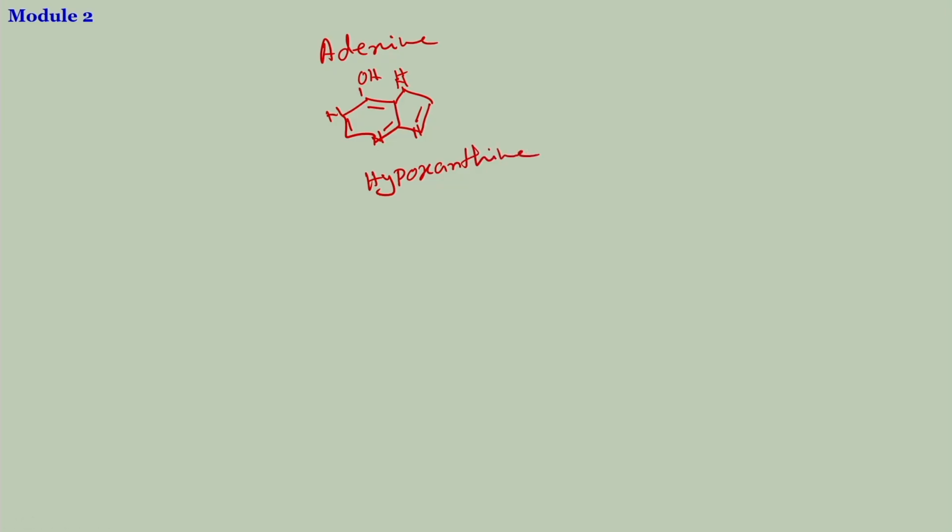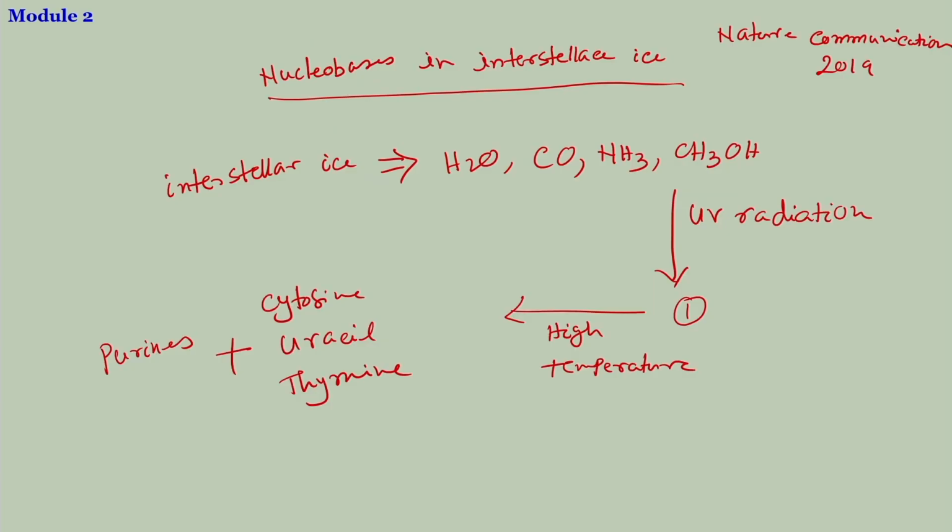So, one kind of purine. They had also guanine that was found, and then xanthine was found. This is xanthine. This one was also found. So, a mixture of the purine bases were also found in the same reaction mixture.